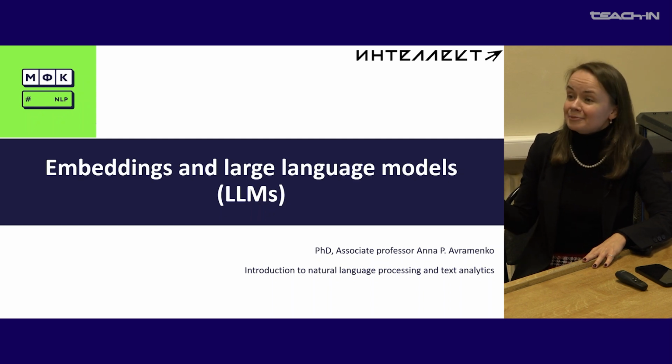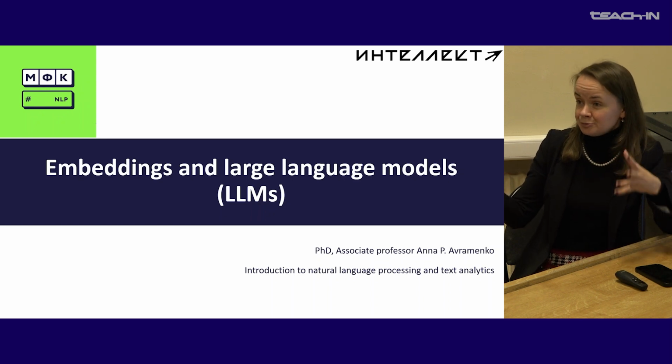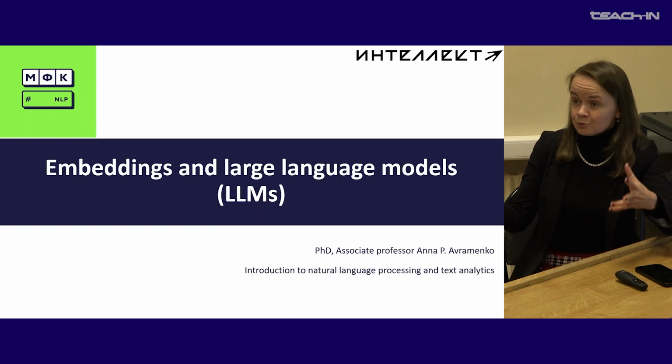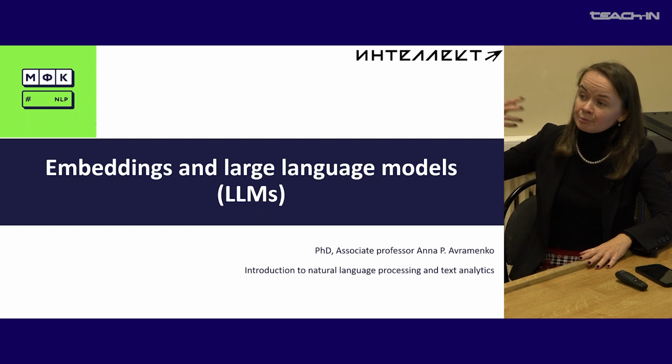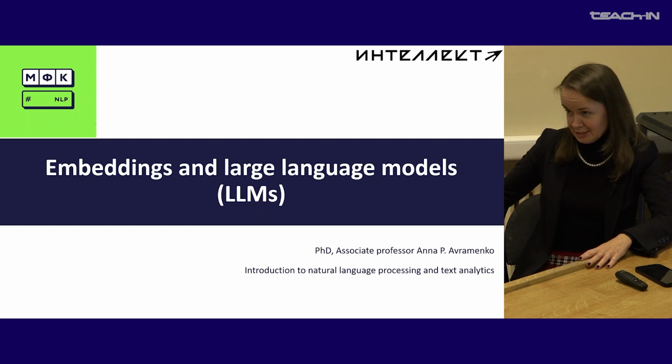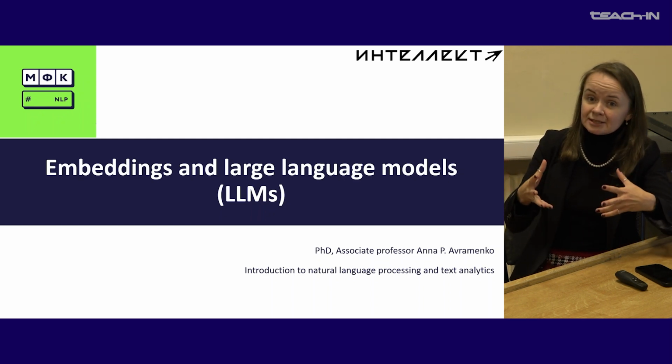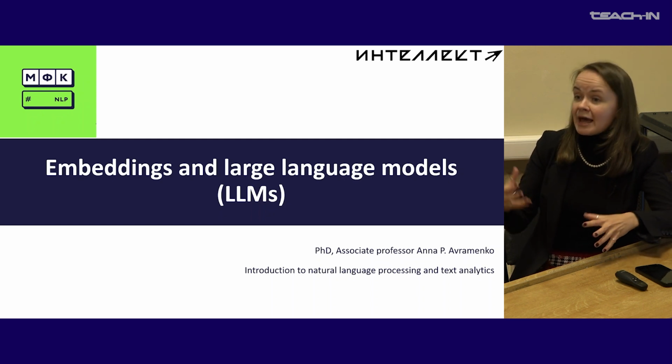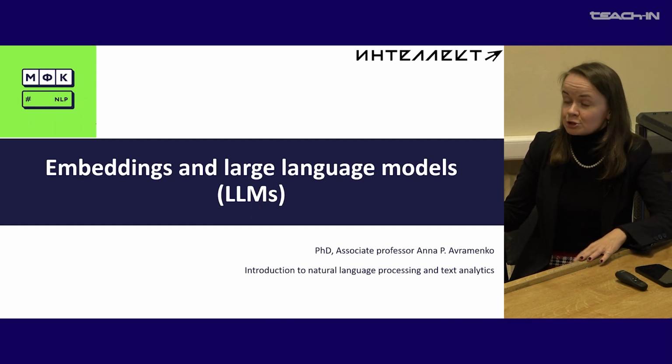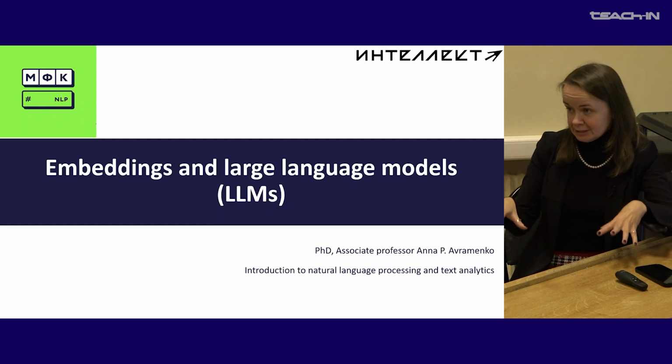it's not reliable to use just general GPT in your research, because GPT processes all the data from the internet. It's not just processing scientific articles. And for your research, of course, you need to rely on scientific materials.